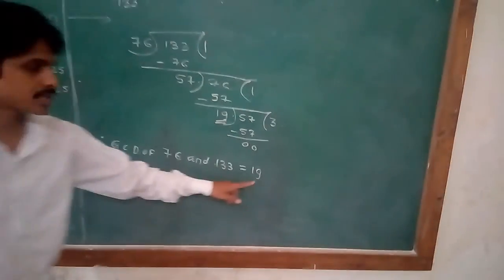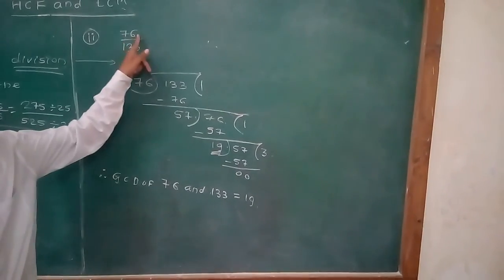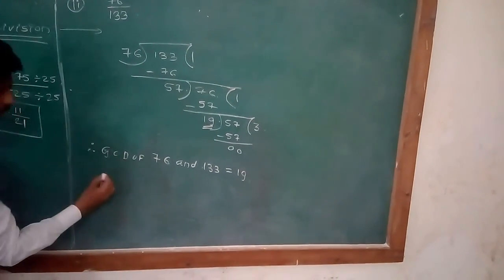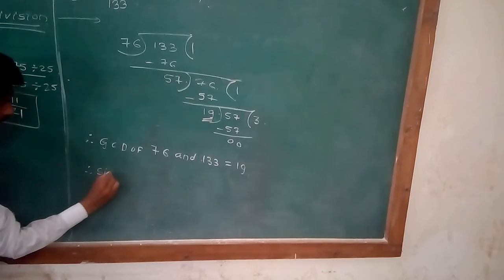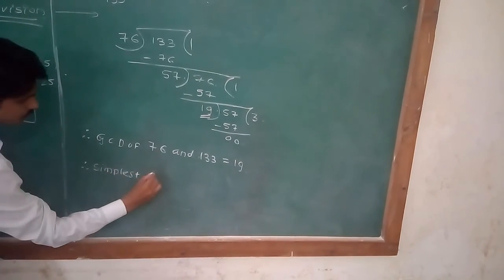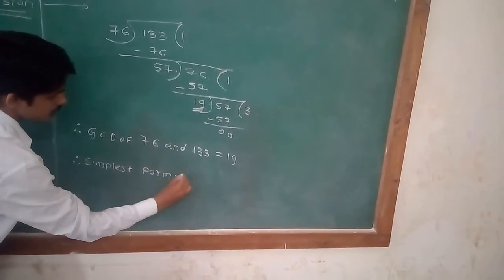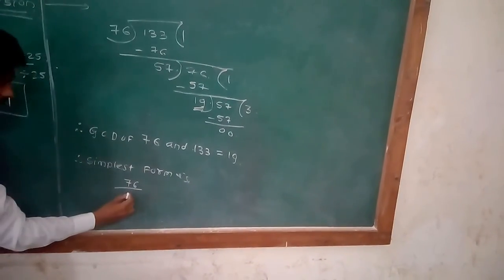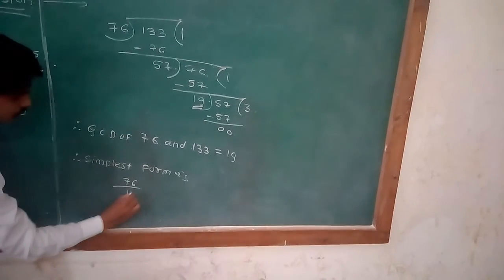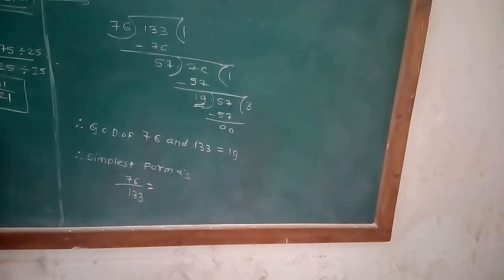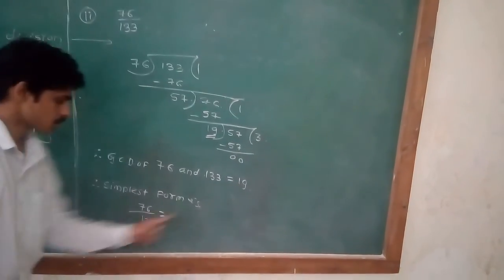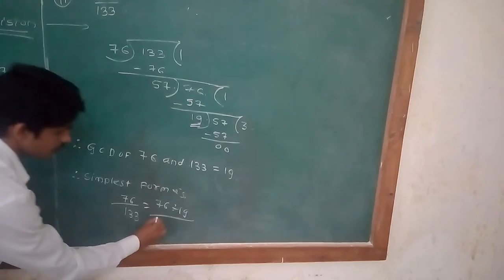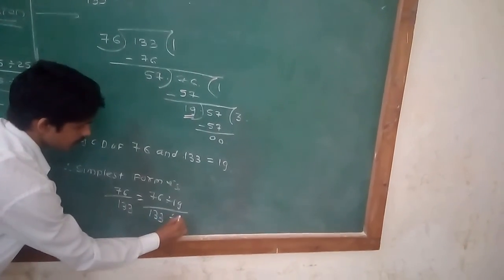19 is a common divisor of 76 and 133. Therefore the simplest form can be written as 76 upon 133, where 19 is a common factor, so 76 divided by 19 and 133 divided by 19.